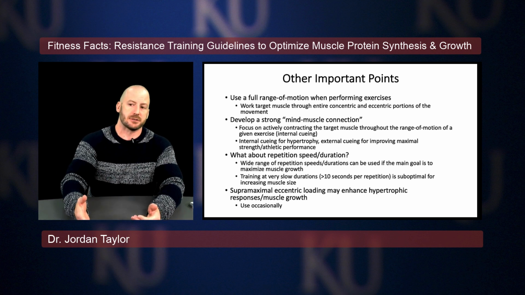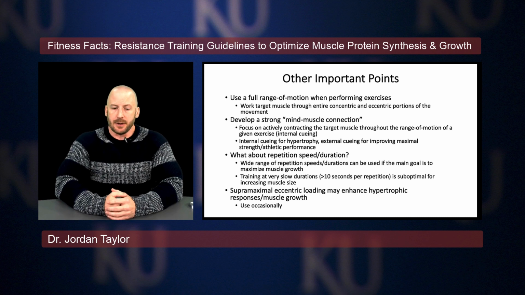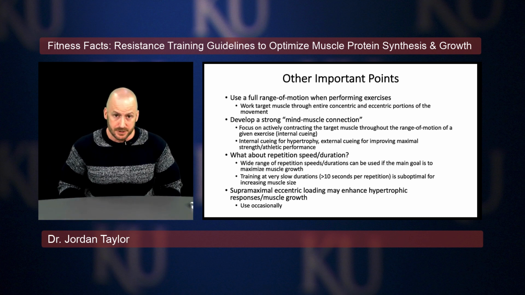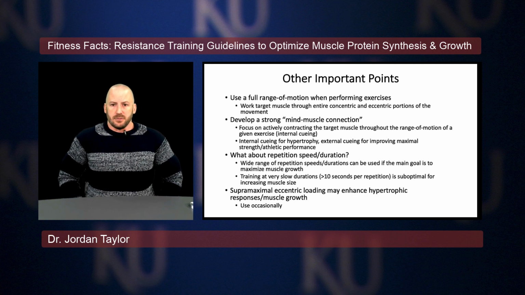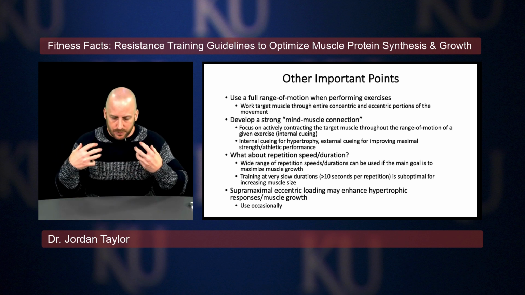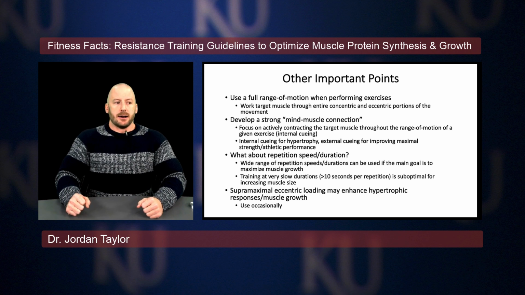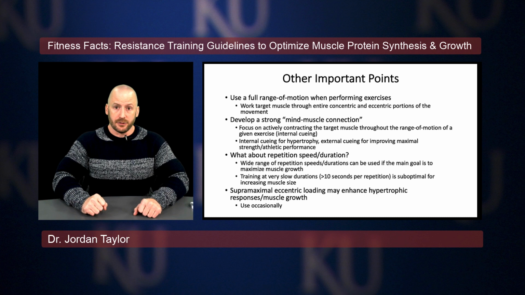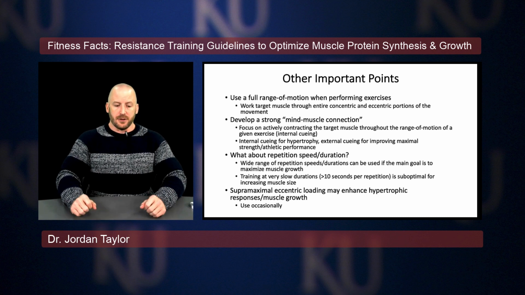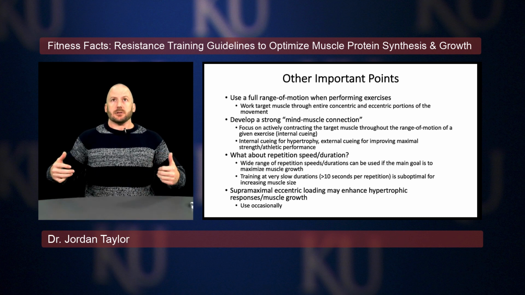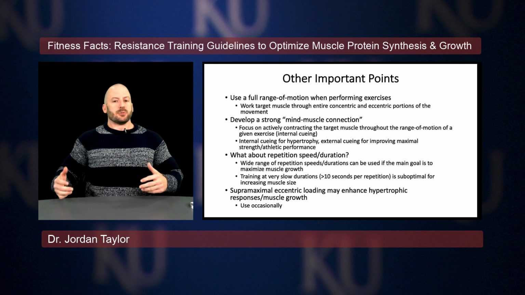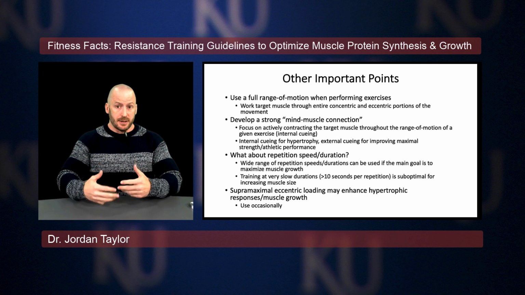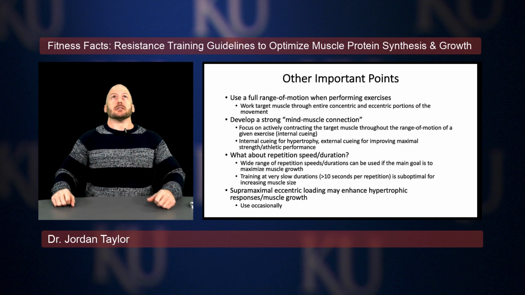An example of external cueing would be, if I'm doing a deadlift or a squat with a really heavy load, instead of thinking about the muscles I'm using, I think about driving the floor away from my feet. Or if I'm bench pressing a really heavy load, like a 1-rep max, it's probably more important to focus not so much on the muscle, but on moving and overcoming that heavy load. So I might look up at the ceiling.